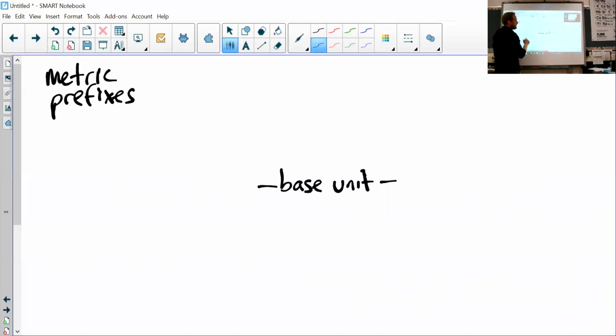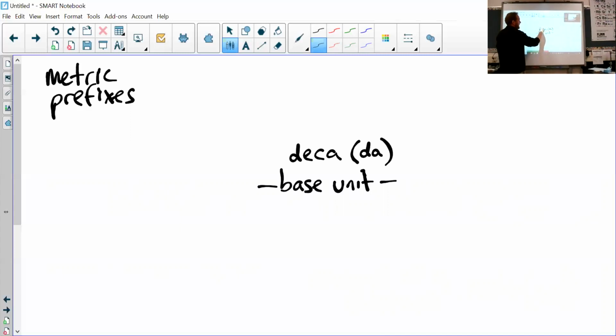If we go one step above the base unit, it's a very rarely used prefix called deca, which I've seen spelled two ways, DECA and DEKA. Either way is fine. This is used so rarely I often forget. But the abbreviation for deca is da.